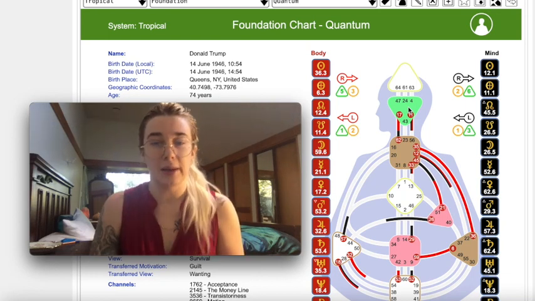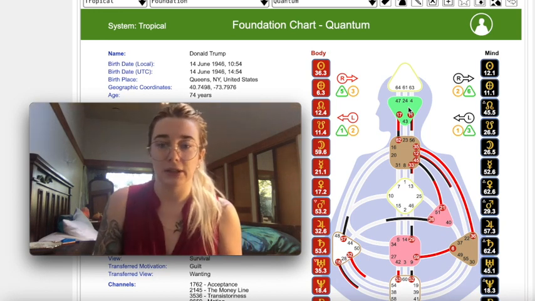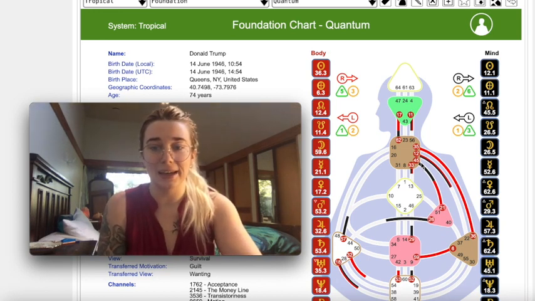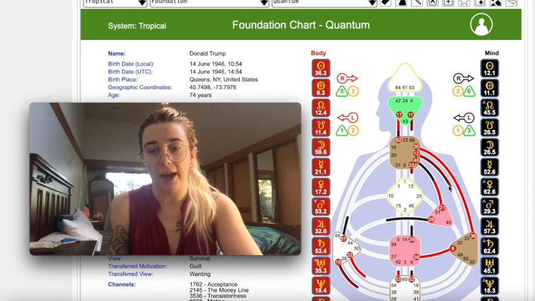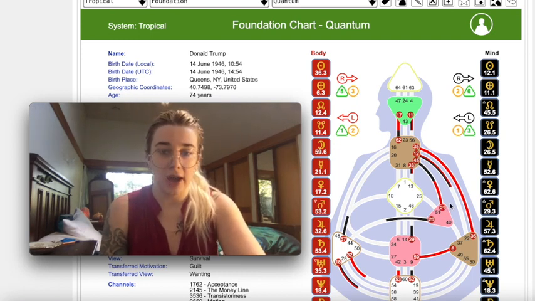And something else that we're going to look at is this line here, the 45 to the 21. This is an interesting channel. This is called the money line.